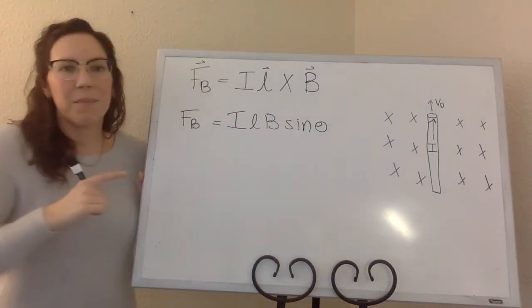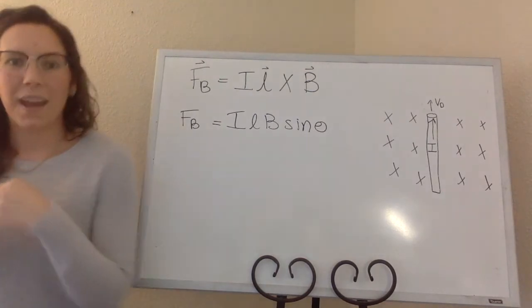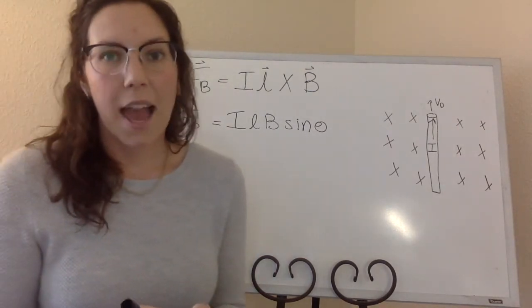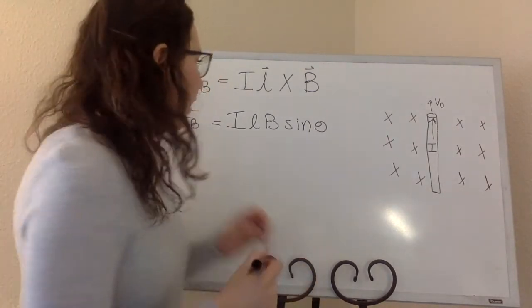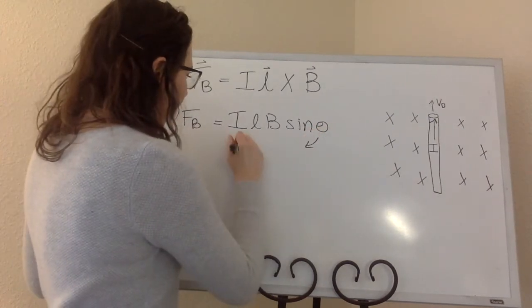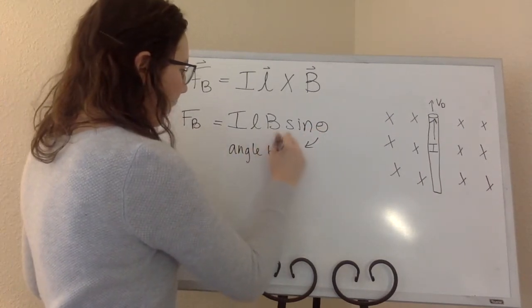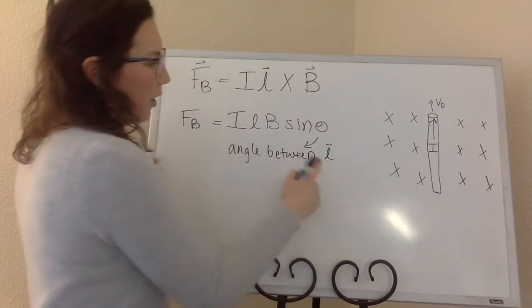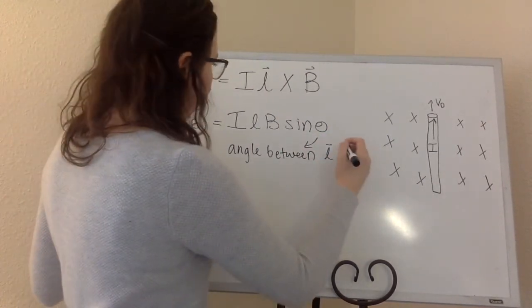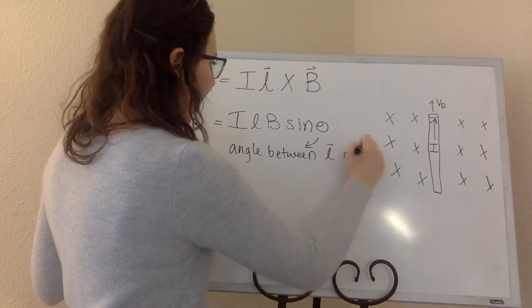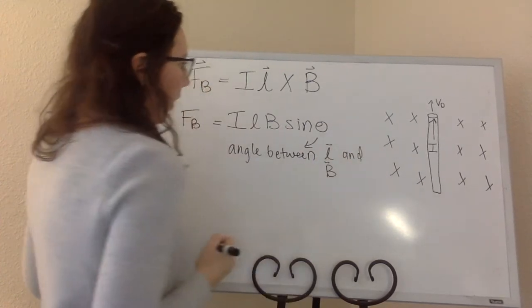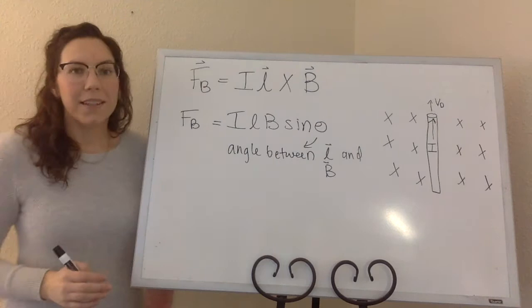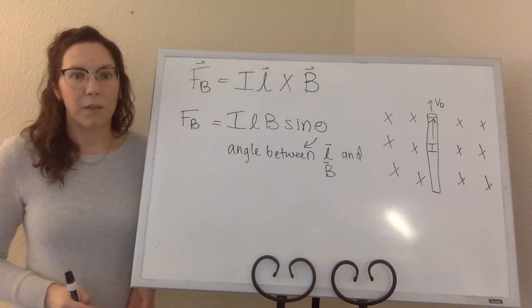If we use this magnitude definition, then we know that the theta there is the angle between L, which is in the direction of the current in the wire, and the magnetic field. So this looks very similar to what we saw for moving charges.